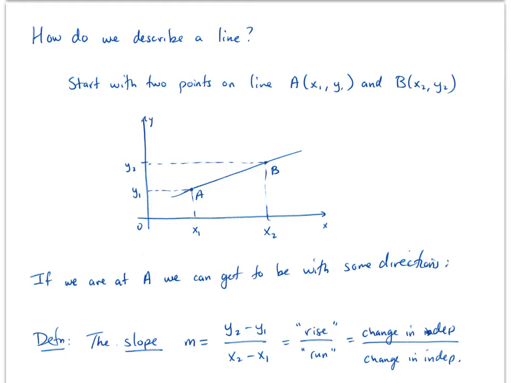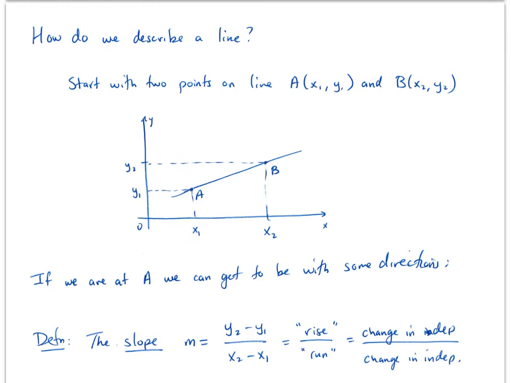A line is described by knowing 2 points on that line. So let's give those a name, A and B. So A will be a point with coordinates x1 and y1, and B will be a point with coordinates x2 and y2.